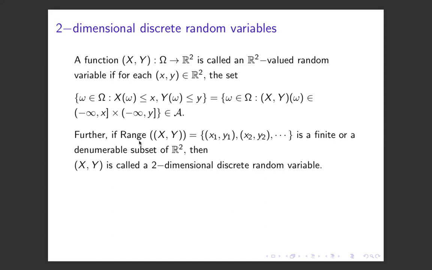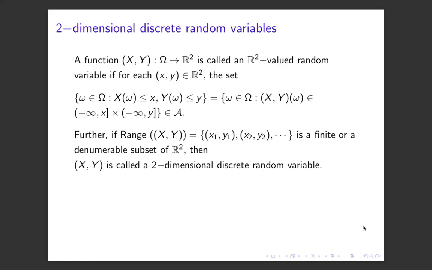In addition, if the range of this (X, Y) is a finite or a denumerable subset of R2, so that the range will be points of the form (x1, y1), (x2, y2), etc. For example, these two points will be distinct if at least one of the coordinates is different. x1 may be equal to x2, but y1 need not be equal to y2, then these are two distinct points.